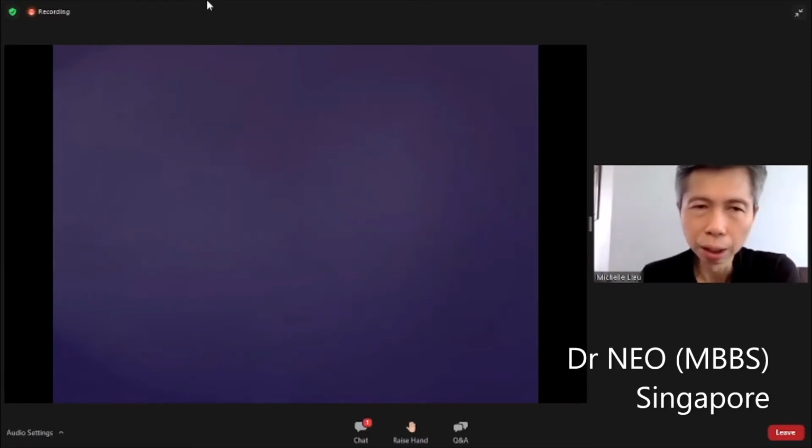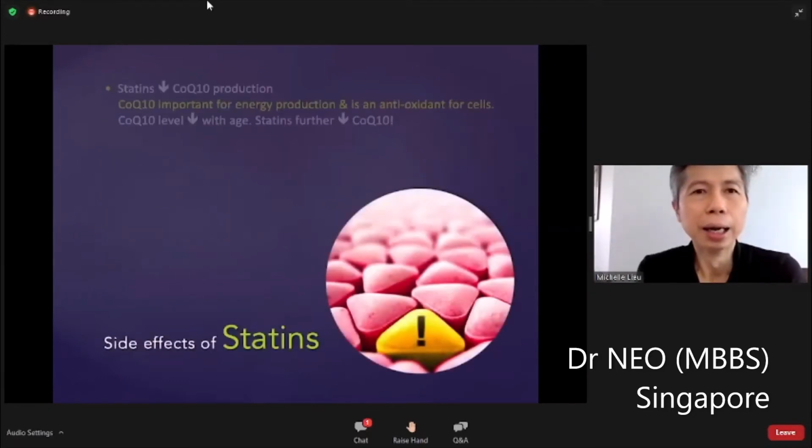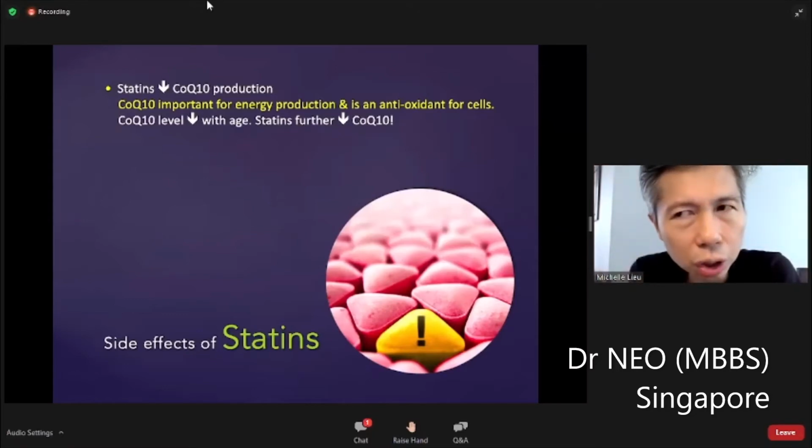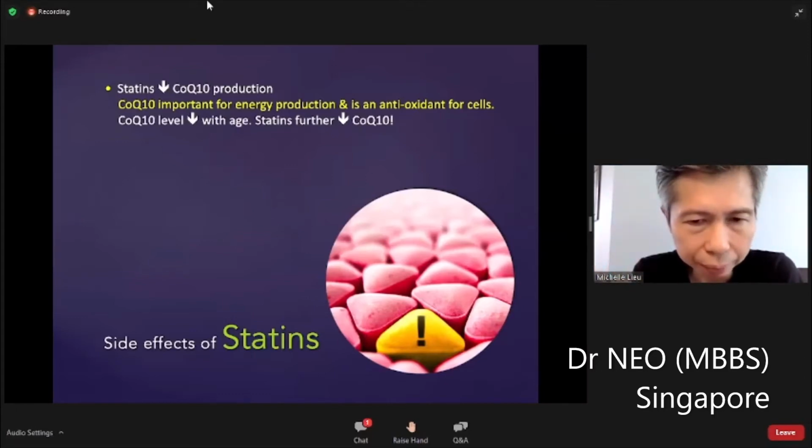So what do statins do really? Yes, it reduces the cholesterol production in the liver by inhibiting an enzyme called HMG-CoA reductase. But unfortunately, when the statins inhibit this particular enzyme, you also inhibit the coenzyme Q10 production.